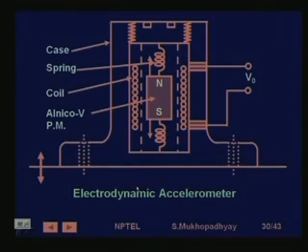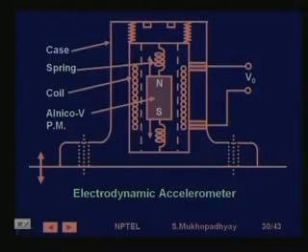In many accelerometers you will find this concept of a mass spring damper system, which is connected either to a position to resistance sensor like a potentiometer, or it can be connected to other kinds of position to voltage sensors, for example in this case a velocity to voltage sensor.